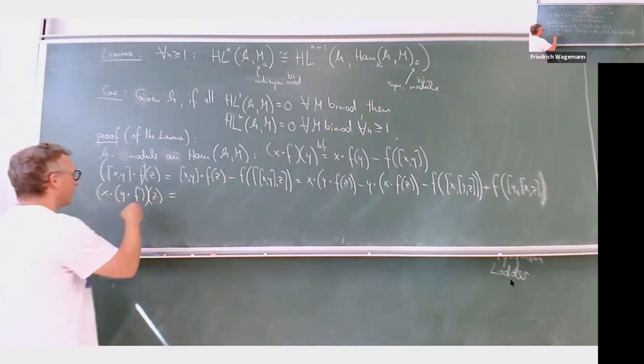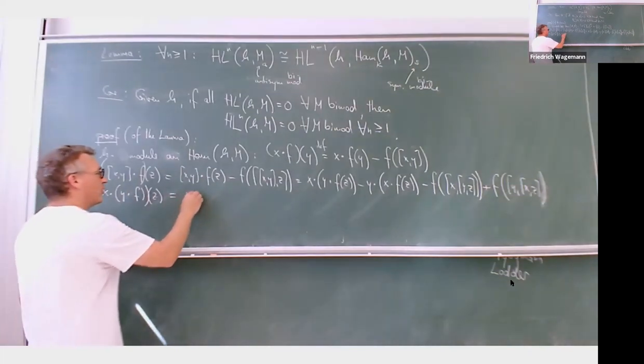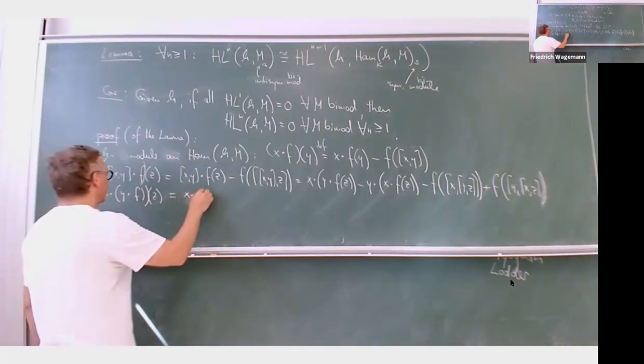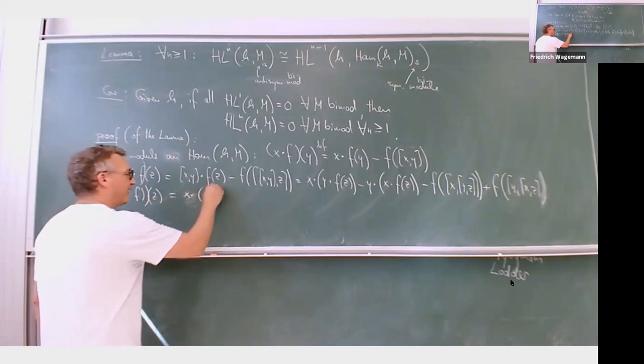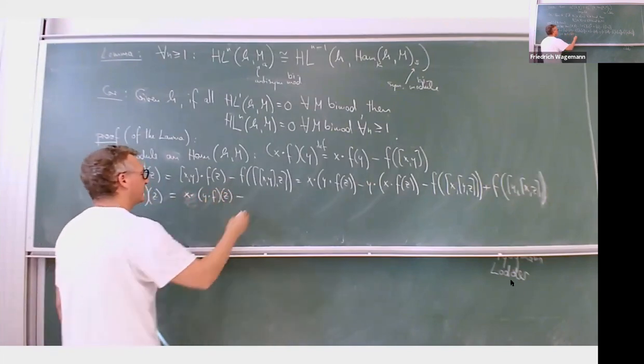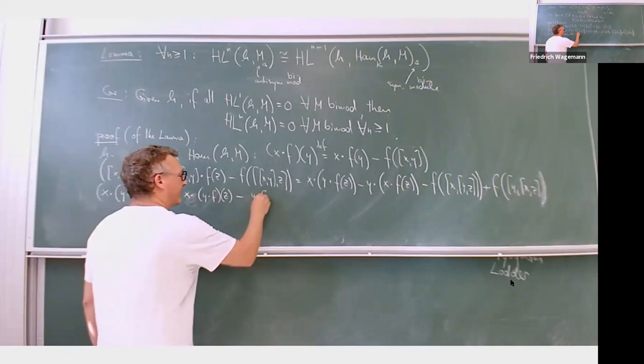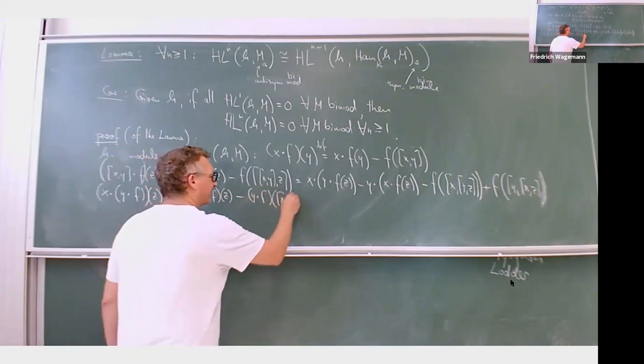So x dot this is x dot y f of z minus y dot f of x z.